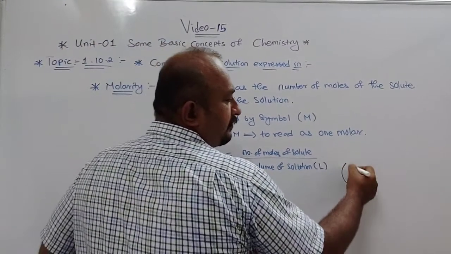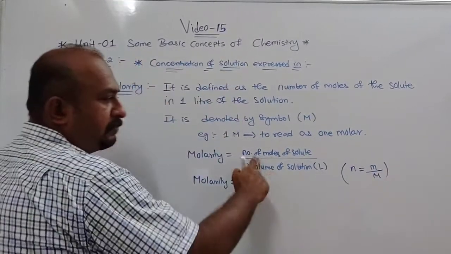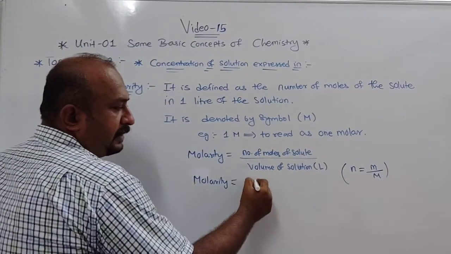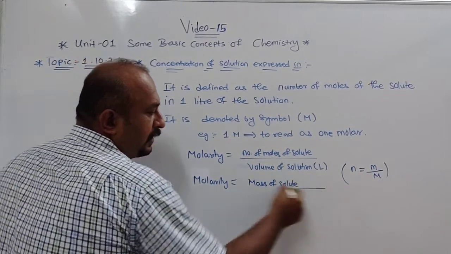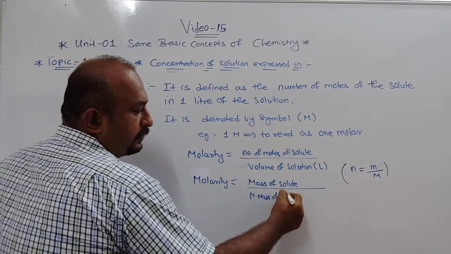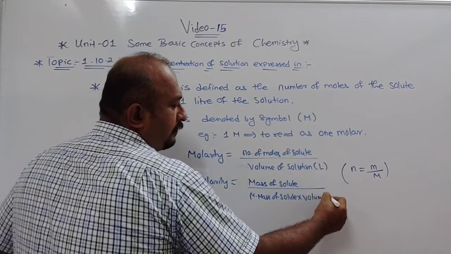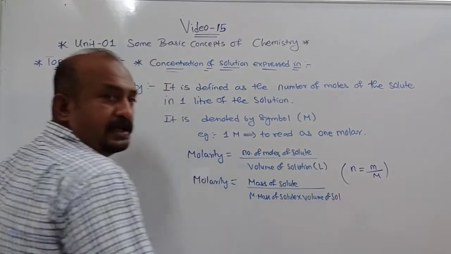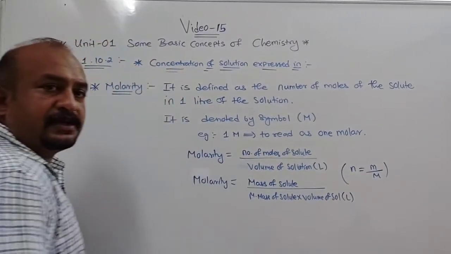We know number of moles is equal to mass upon molar mass. So number of moles is mass of solute upon molar mass of solute, into volume of solution. Now the volume of solution in liters, I can write like this.